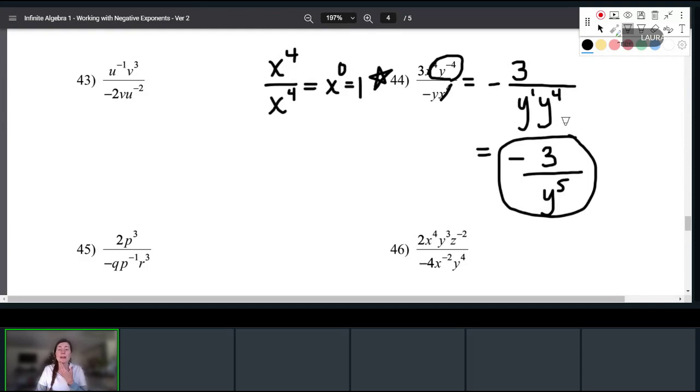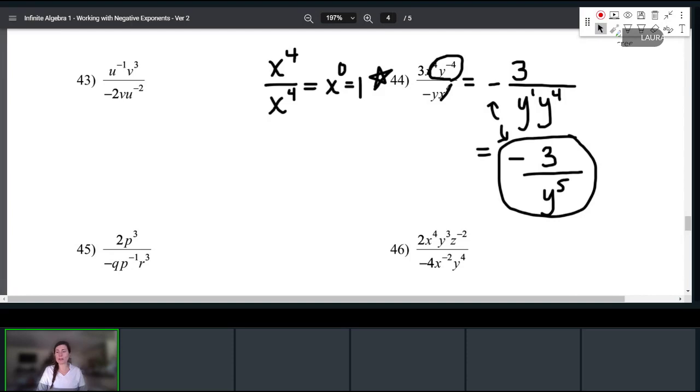Now, you'll note here that my negative symbol kind of moved from out front in the middle to out front in the numerator. When we write final fractions that are negative, that negative symbol can go in either of those 2 spots. We don't write a final negative fraction with the negative in the denominator, though. So that's why I moved it there.